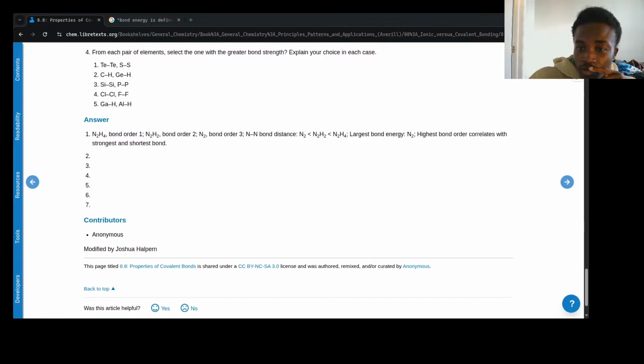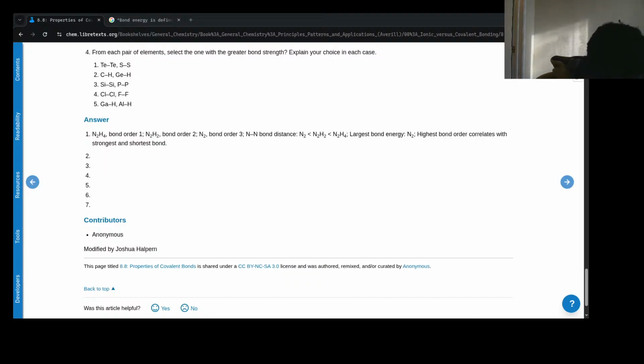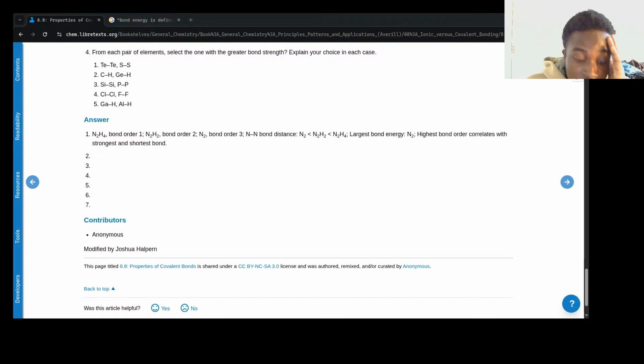So let's go over this paper, right? The Diels-Alder reaction between dienes and dienophiles stands as the cornerstone of synthesis.